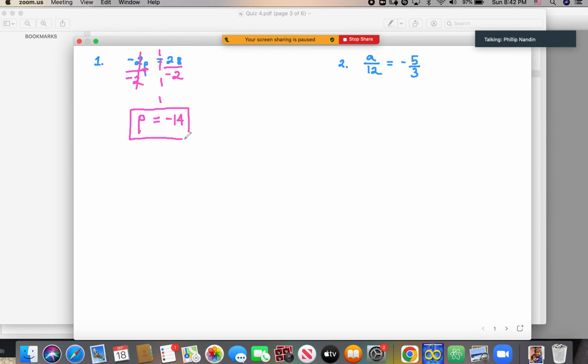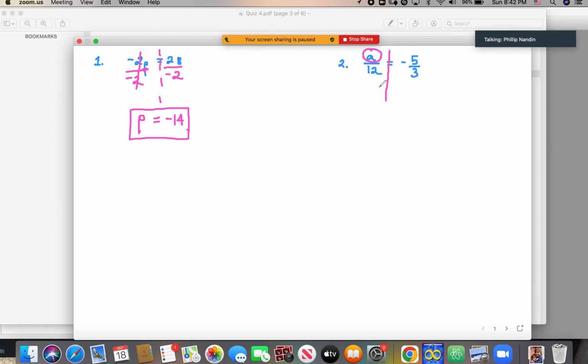I've solved for P. Now this next one, the fraction one. I tried to go over this really quickly in class beforehand, but we should have some idea of how to do something like this. We have these two fractions, yes, it's true, but again, your goal stays the same. You want to get A by itself on one side of the equal sign.